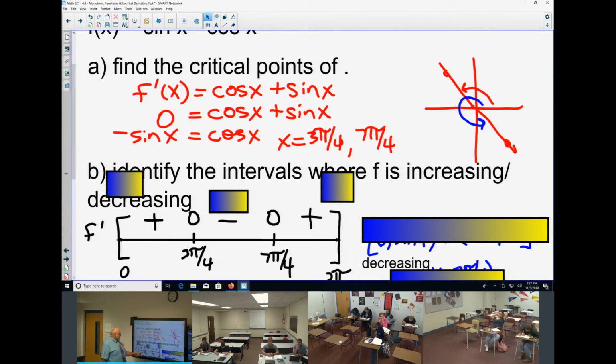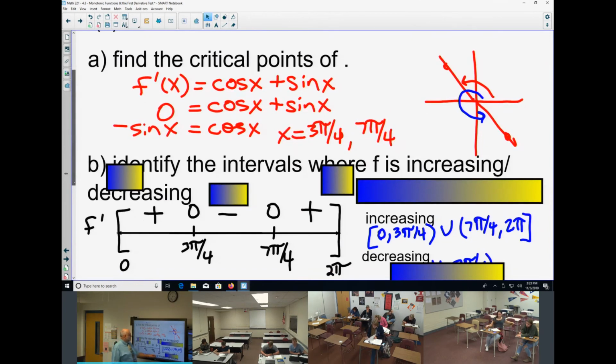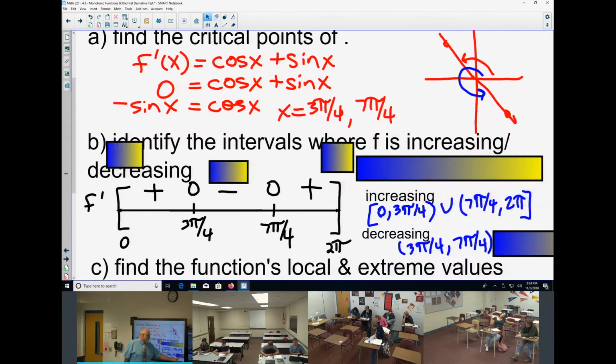Yeah, that's actually a 3. It's a lousy looking 3, but it's actually 3 pi fourths. So increasing from 0 to 3 pi fourths and 7 pi fourths to 2 pi, decreasing here in the middle between 3 pi fourths and 7 pi fourths.